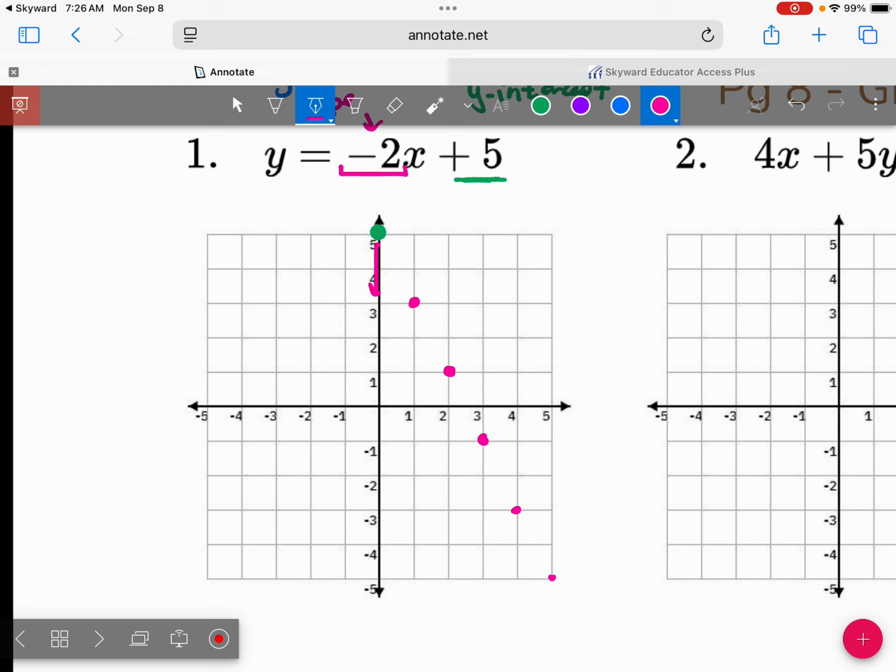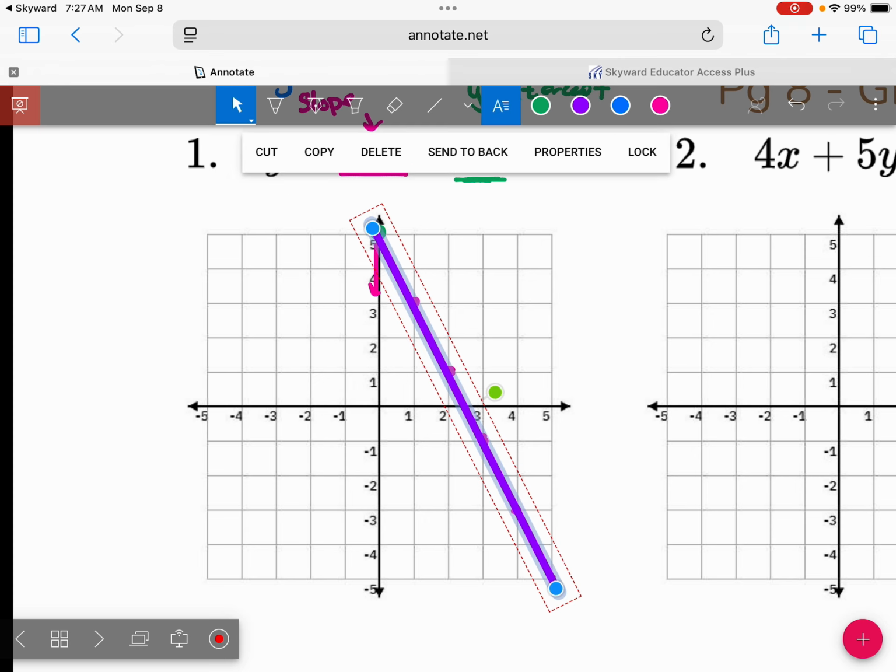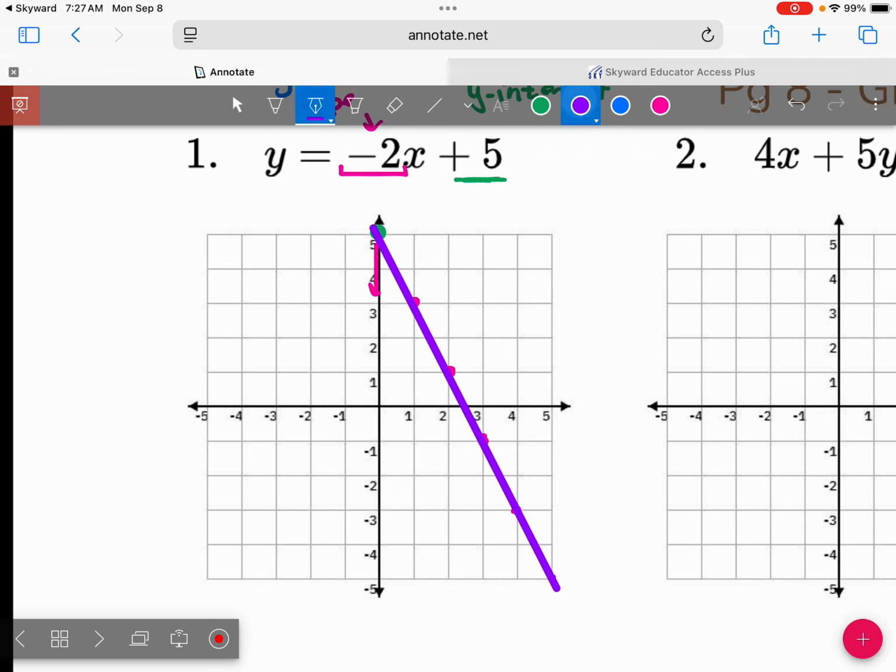All right, so we're connecting our dots up as many as we can to fit on the graph. Go edge to edge on the graph. Don't give me teeny tiny little baby lines all the way from one end of the grid we give you to the other. Use your ruler. It is important, and yes, I can tell. But it's really important because we're going to be using lines to figure out answers today. So our lines need to actually be straight.